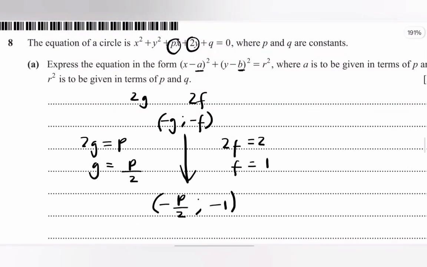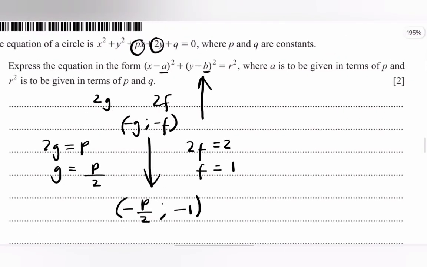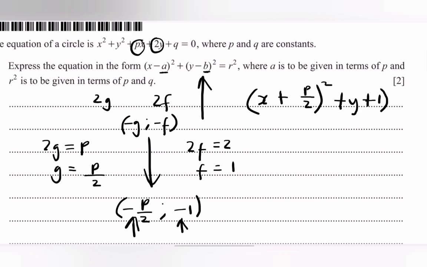And so writing it into the equation of a circle, they have negatives. So they're going to be x plus p over 2 squared, then plus y plus 1 squared is equal to r squared.